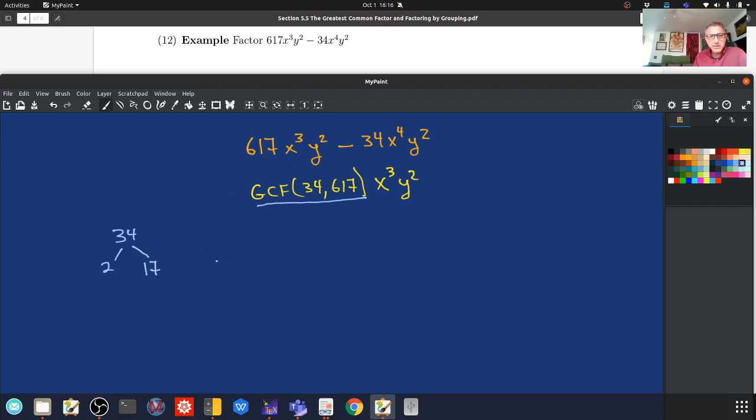Is 617 divisible by 17? Well, we can try to do it. All we have to do is check one thing. It's 617 divided by 17.